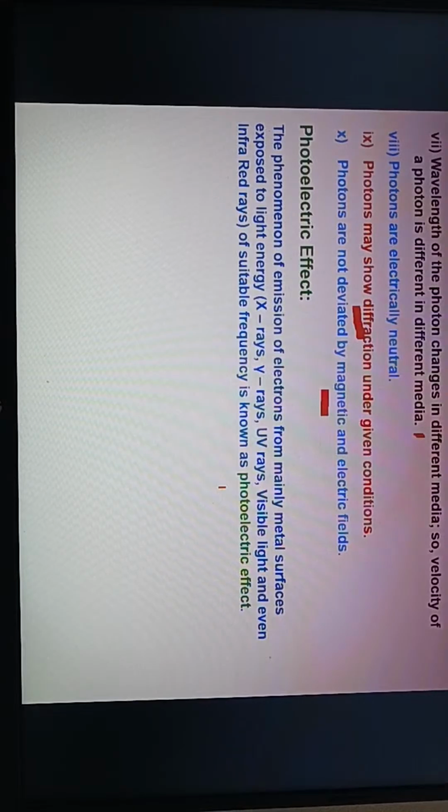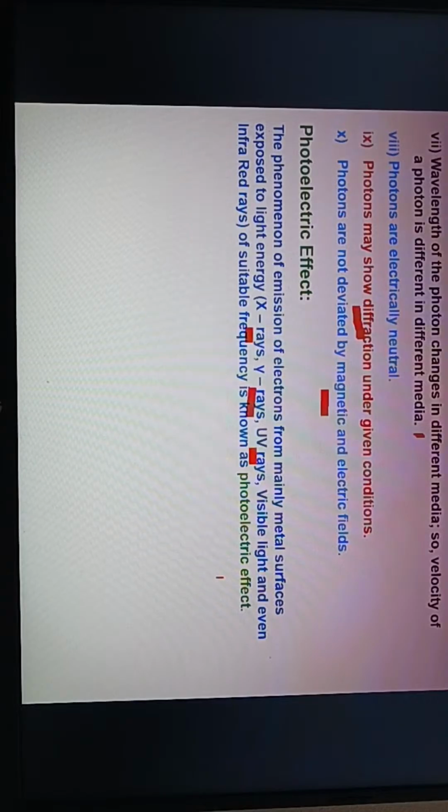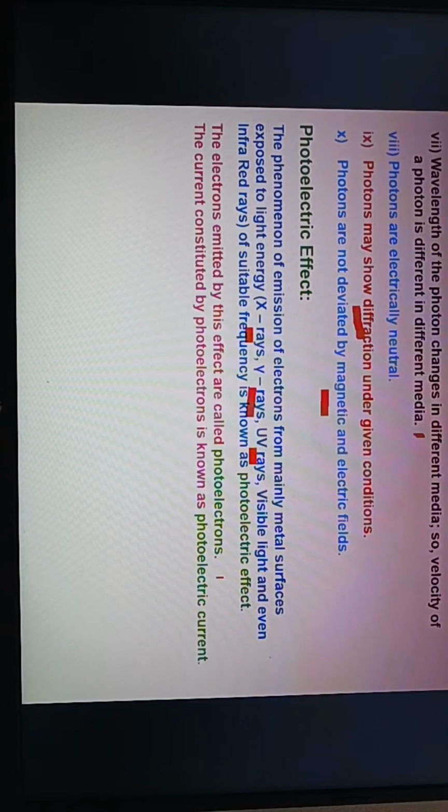This is the photoelectric effect definition. The phenomenon of emission of electrons from mainly metal surfaces exposed to light energy, that is X-rays, gamma rays, UV rays, visible light, and even infrared rays, of suitable frequencies is known as photoelectric effect. Understood?